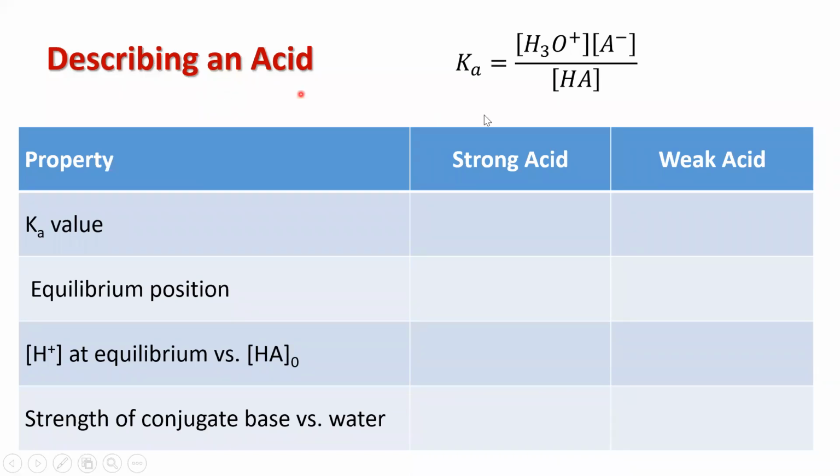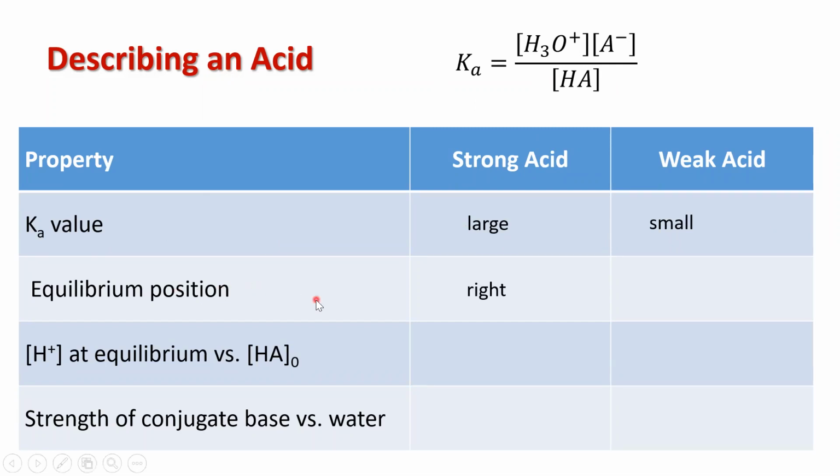If we look at an acid, we can write a Ka expression: concentration of products over concentration of reactants, raised to the power of the coefficient in the balanced equation. So we want to look at strong acids versus weak acids. If we have a strong acid, Ka will be large. If we have a weak acid, Ka will be small.